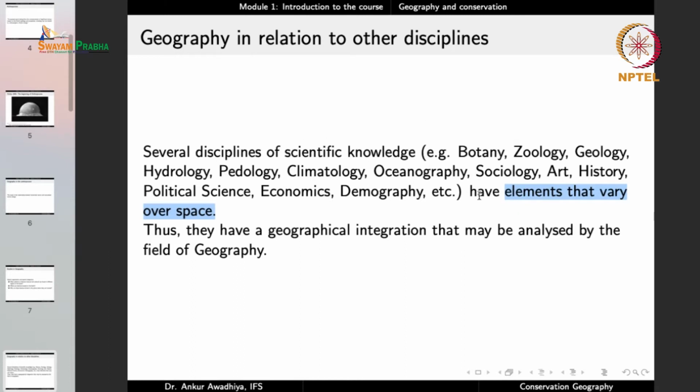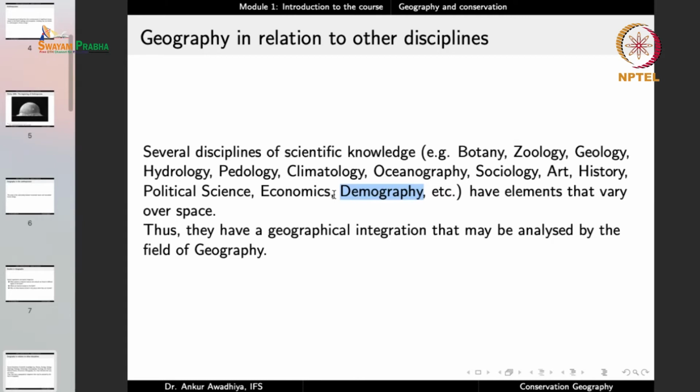So we can include the disciplines of botany, zoology, geology, hydrology, pedology, which is the soil science, climatology, oceanography, sociology, art, history, political science, economics, demography. Now, demography is the science of demos, which is people.